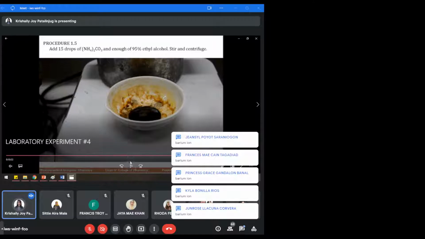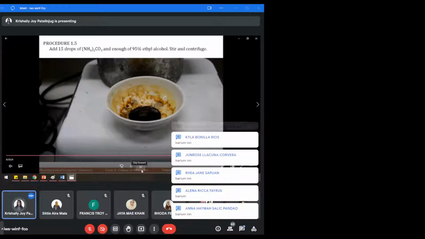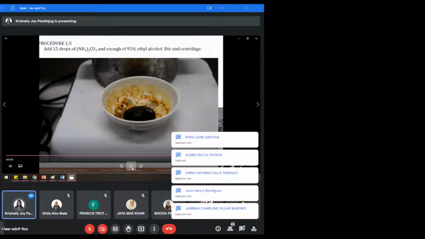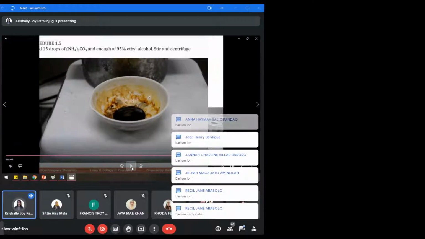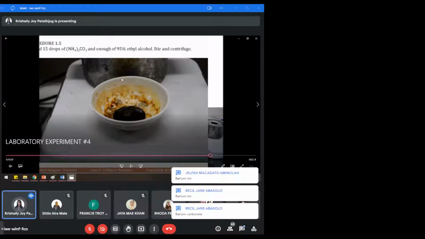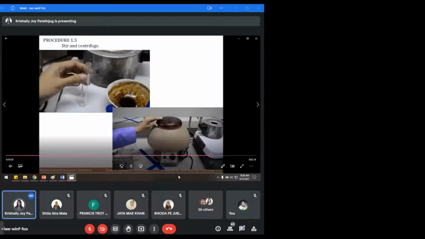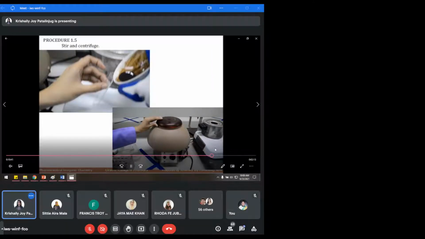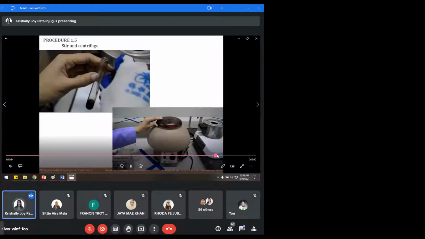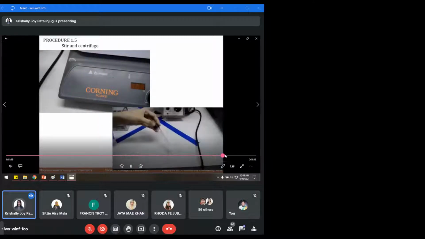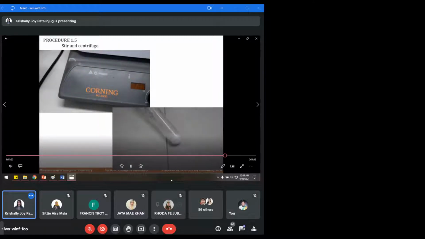The test solution is barium nitrate plus ammonium carbonate, a double displacement. So the precipitate is barium carbonate. Let's find out its color. We'll fast forward. What is the color of barium carbonate?